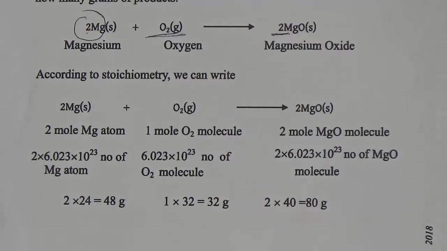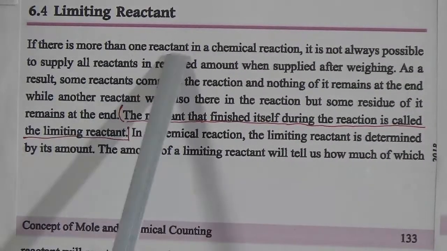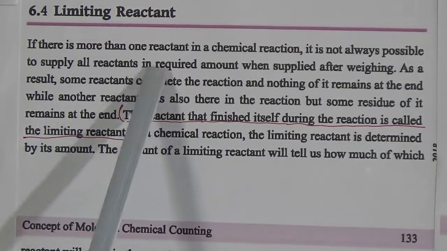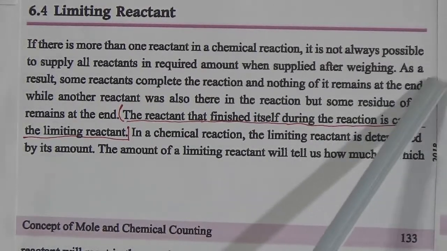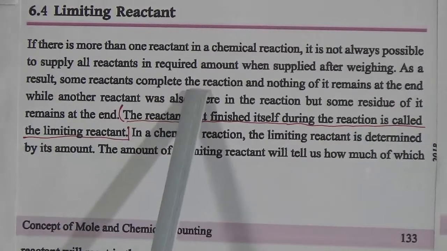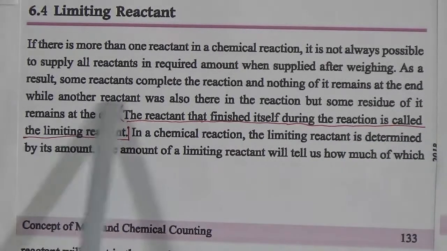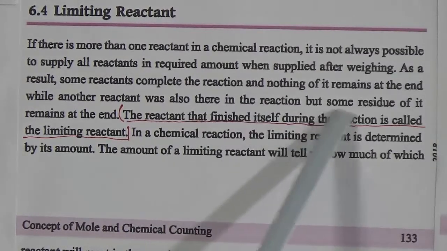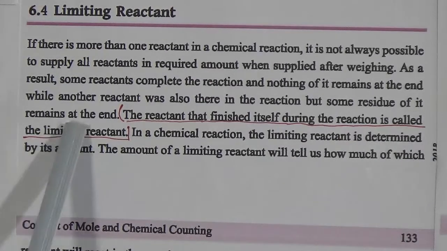Now come to the next one, that is limiting reactant. Dear students, if there is more than one reactant in a chemical reaction, it is not always possible to supply all reactants in the required amount. As a result, some reactant completes the reaction and nothing of it remains, while another reactant was also there in the reaction but some residue of it remains at the end.